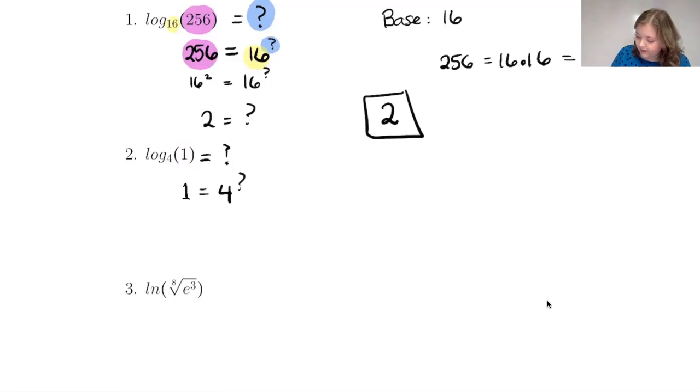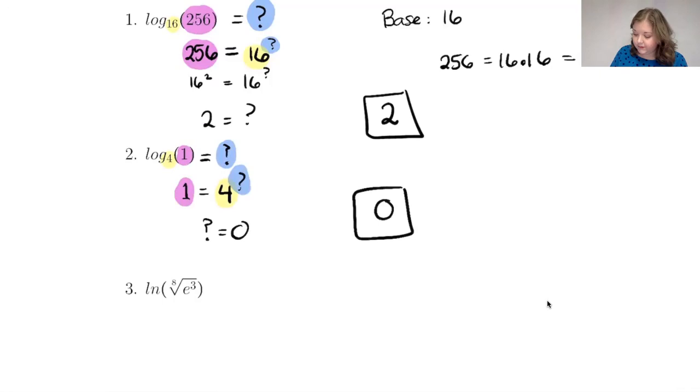So it would become our question mark equals 0. So in this case, 0 is our answer. But we didn't have to work this out like this. If we wanted to, we could just know that if 1 is the argument or the number on the inside of the logarithm, then it's always 0.